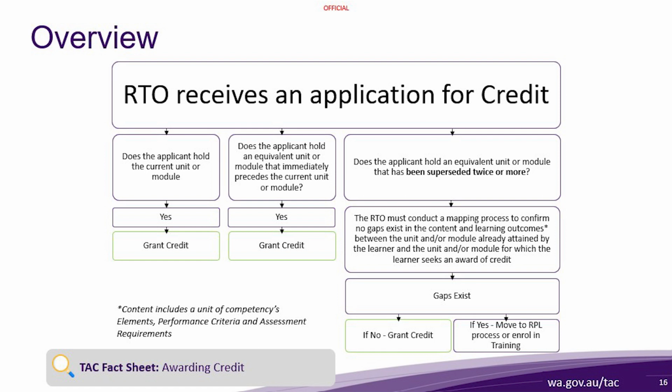And if there are no gaps, then you can award credit. But if there are gaps, then you need to consider whether or not those gaps can be addressed in any way, or go to RPL process, or enroll them in the training to undertake that unit of competency.